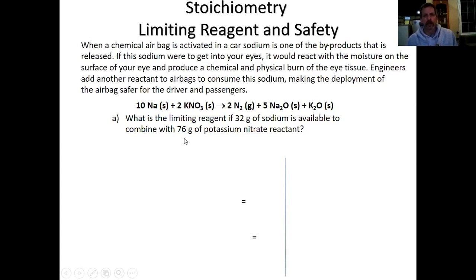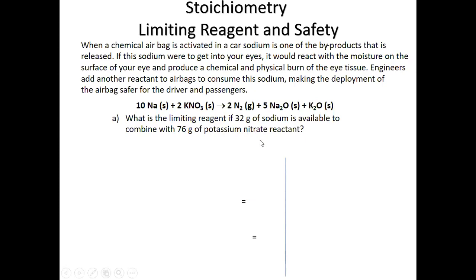So here's a little context. Let me get rid of my face because I find that very distracting, as you probably know by now. That's much better. So when we look at this, there's a context here, and it's an interesting one. This basically says that when we use this thing called the airbag, there's a chemical reaction that occurs that allows the airbag to inflate. And one of the byproducts of that initial chemical reaction is a chemical known as sodium, a highly reactive metal.